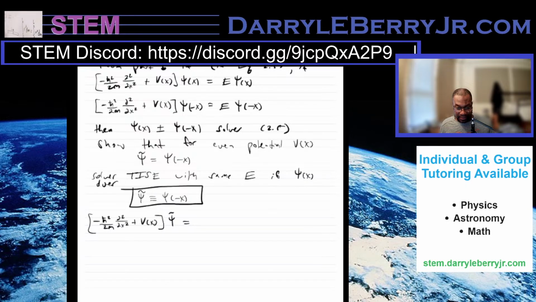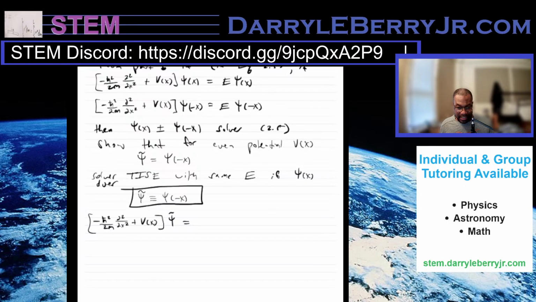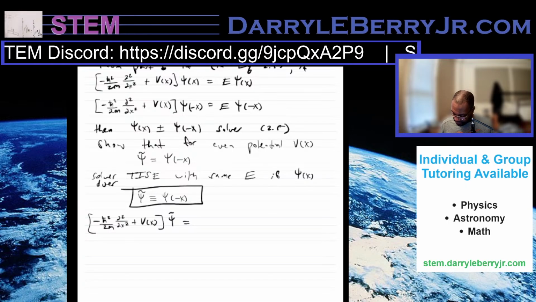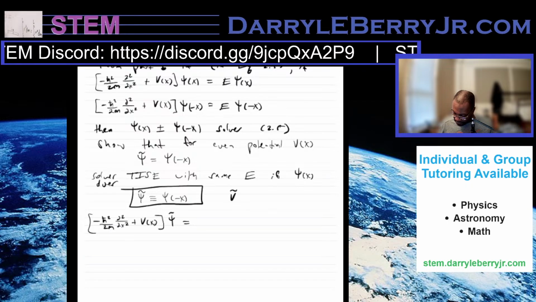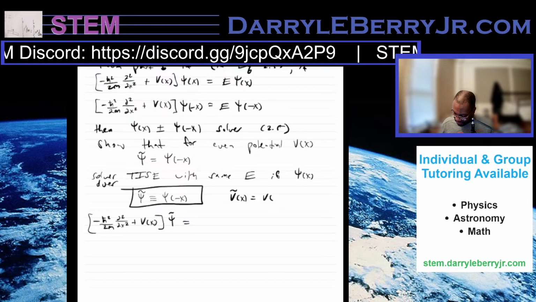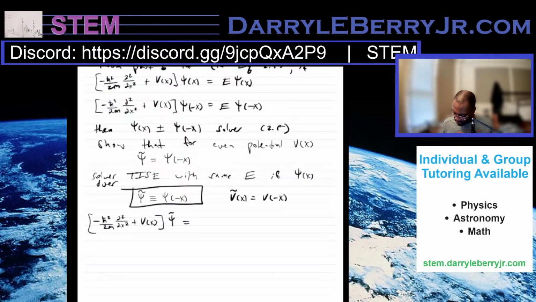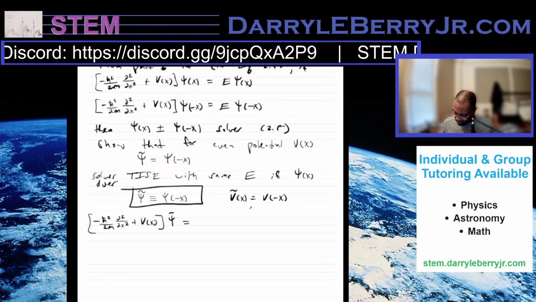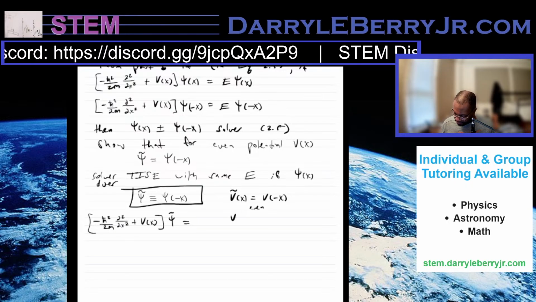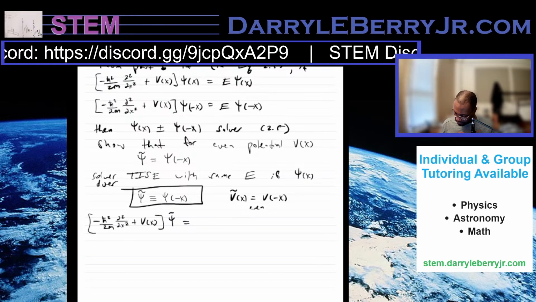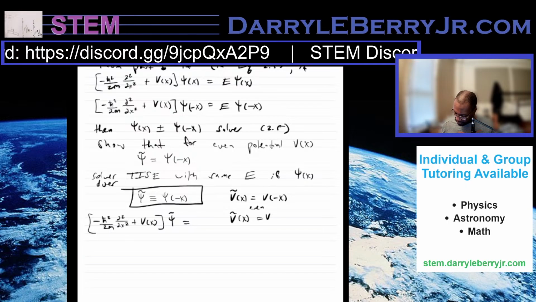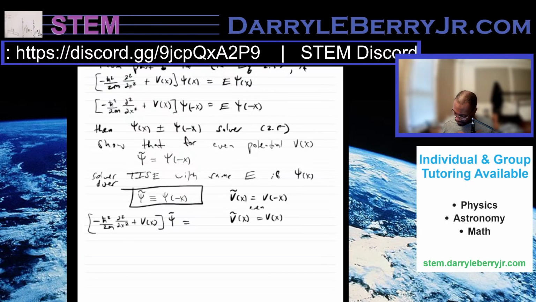And V of x is even. If I define V tilde as V of negative x, since it's even, V tilde equals V of x.